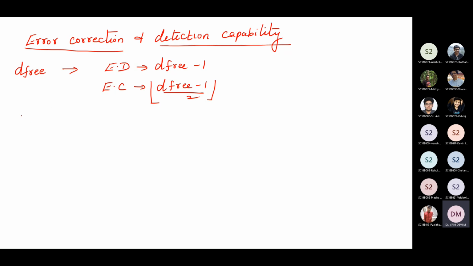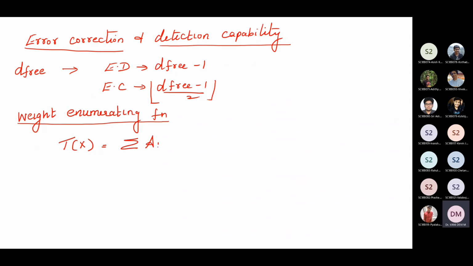For that, they have introduced one new parameter, that is weight enumerating function. A new function they are defining, that is weight enumerating function, T of x is equal to sum of Ai into x power i, where the summation variable is i.